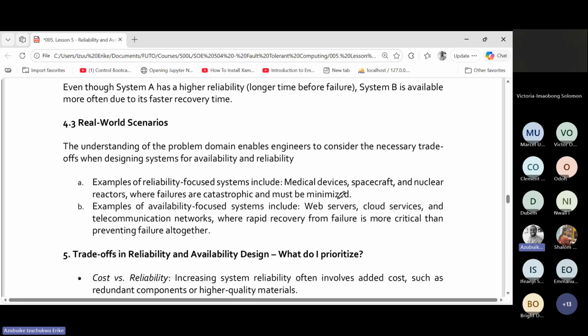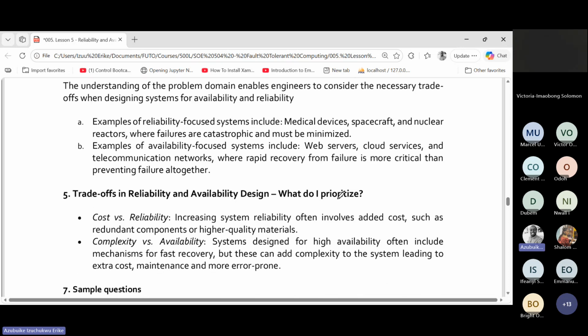Now we have trade-offs in reliability and availability design. Which one do I prioritize? Costs, number one: cost versus reliability. Increasing system reliability often involves added costs, such as redundant components or higher quality materials.